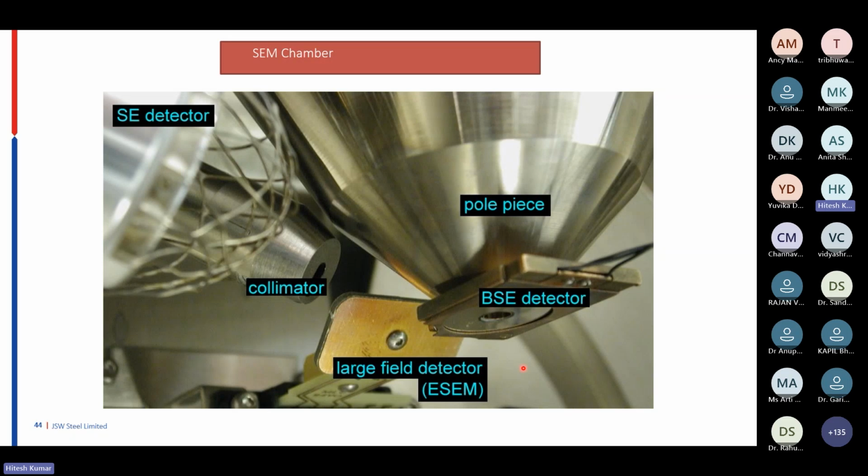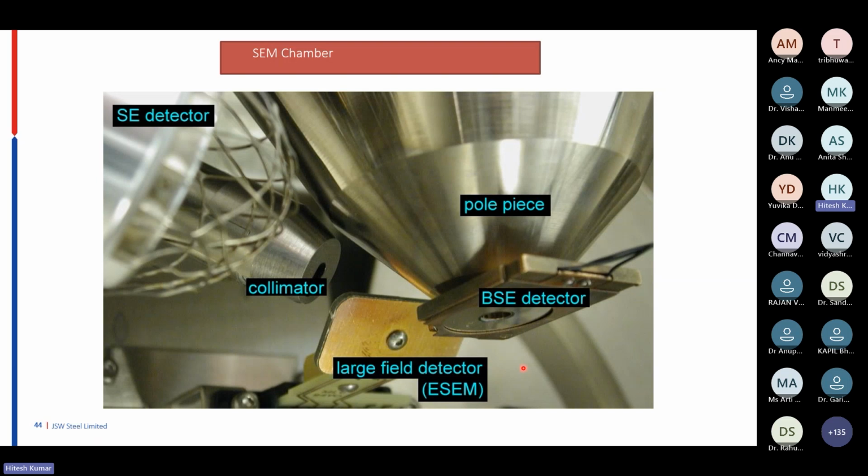For mostly metallic or conductive samples, we use normal electron microscopy, which, as I showed you earlier, has two chambers. One is for your specimen, another is for your electron gun. In the specimen chamber we used to have a pressure around 10 raised to the power minus 5 millibar.